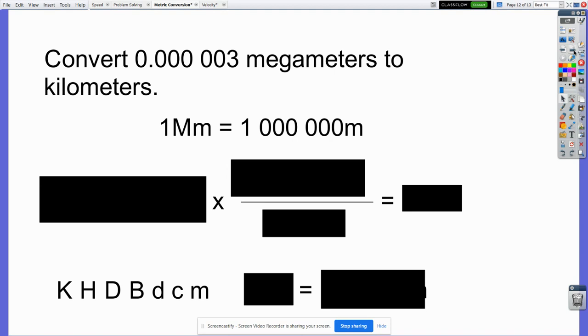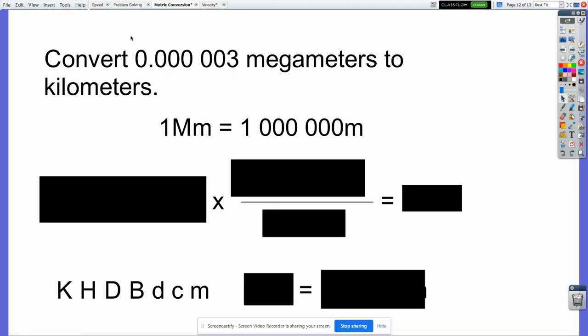So let's say I want to convert 0.000003 megameters to kilometers. I would use my equivalence with megameters and the base unit in it first. And the goal of this dimensional analysis conversion is just to get this number into meters, something I can use.